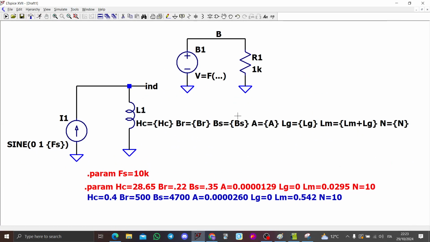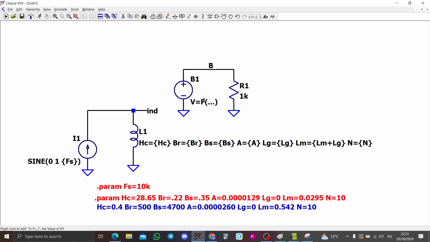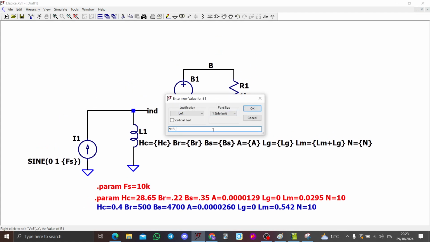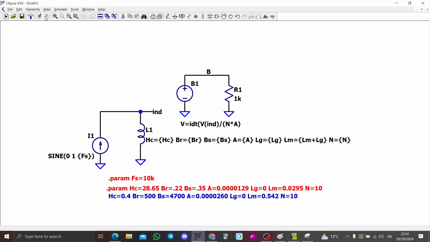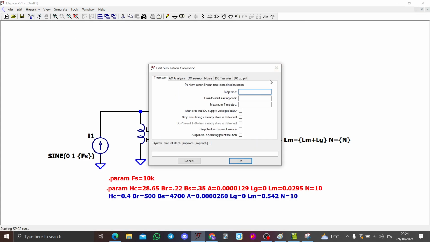So we have N, we have everything. Let us write idt of v ind over N times A. If I did not make any mistake, we should make the stop time 1 over fs.